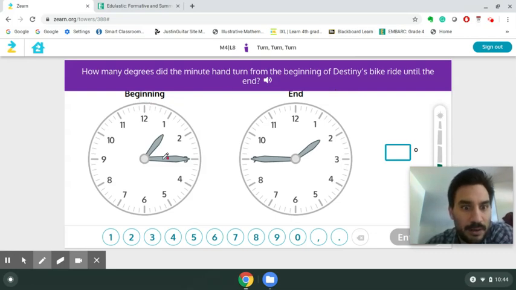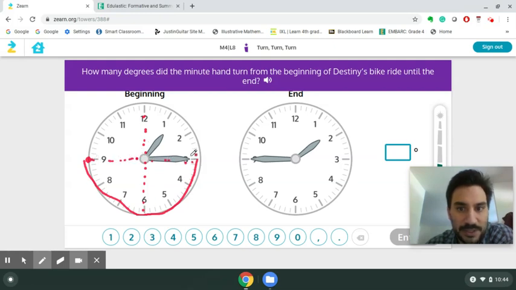All right. Beginning. We are at 1:15, and it looks like our minute hand moved around to 1:45. So take a look at this. I'm going to make quarters here because we were working with quarters in our last examples.